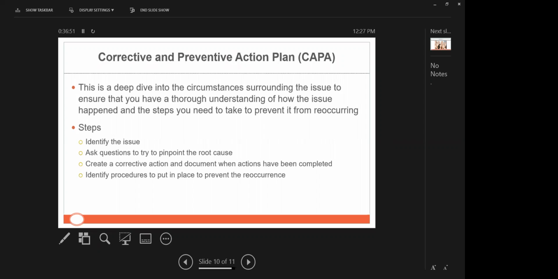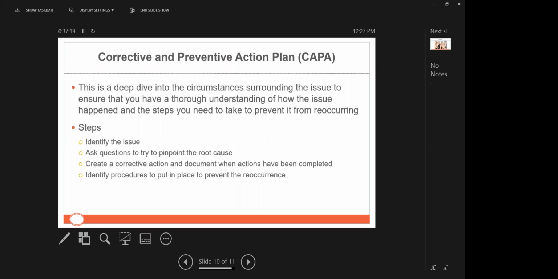Maybe your team decided to call FedEx and schedule a pickup instead of waiting for your regular FedEx person to pick up. So once you've identified what you did to correct that action, you document it, then you want to make sure you have a procedure in place to prevent that from reoccurring. Again, that might be calling FedEx to pick up at a certain time instead of waiting for your FedEx person to come along.